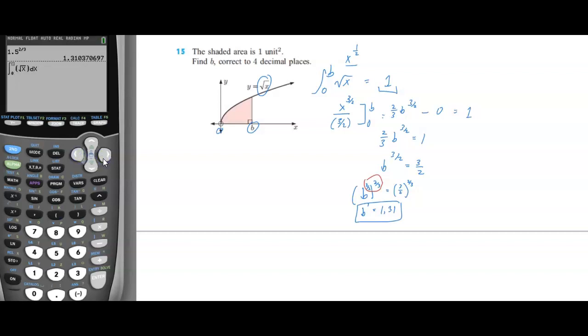I could put, for example, 1. And then I just hit enter to see what I get. And I get 0.66. I'd like to make this into 1, so instead of 1, I put something bigger, like 1.5, right? And that'd be too big, and then I take it down to 1.25. And then eventually I would get the answer using the calculator and guessing.